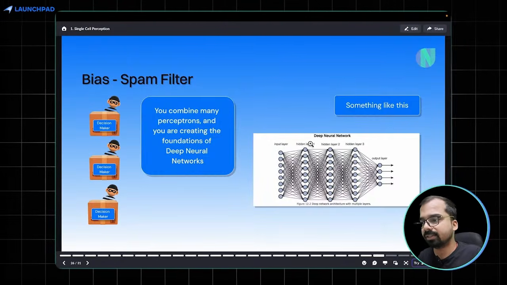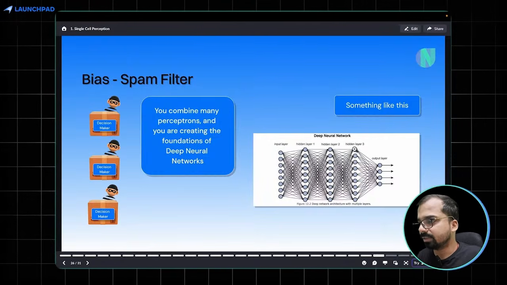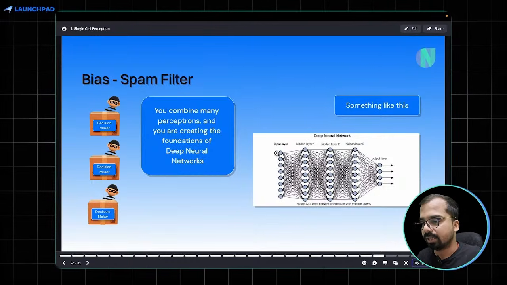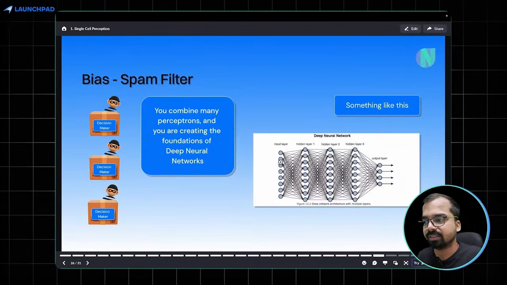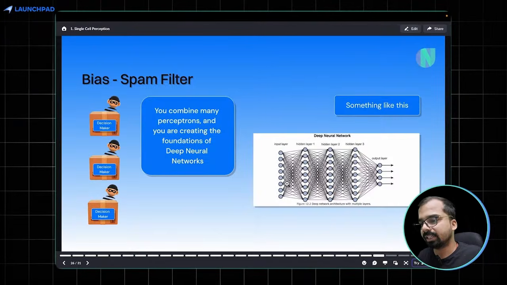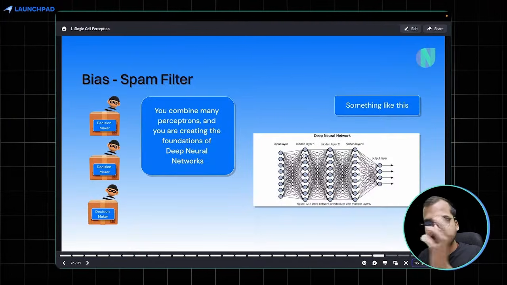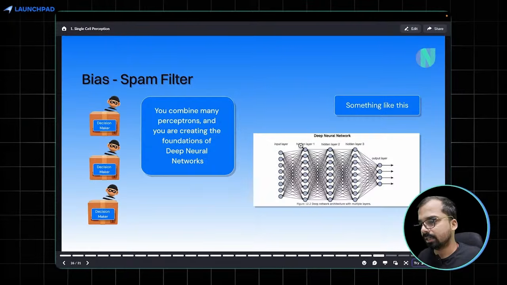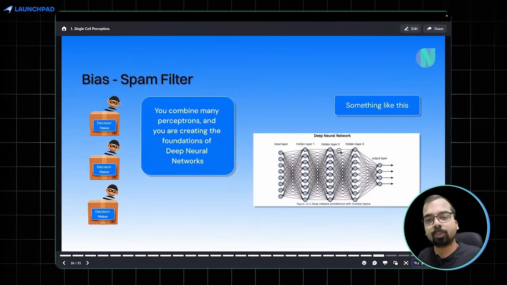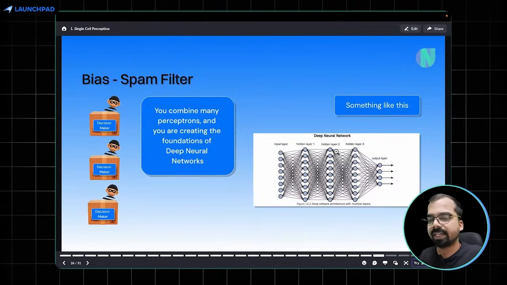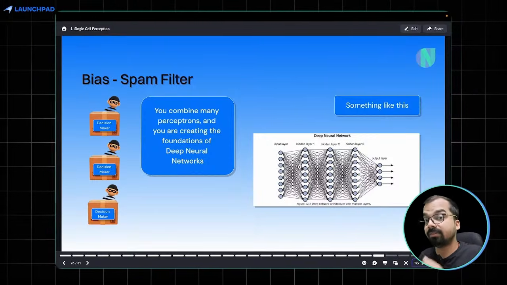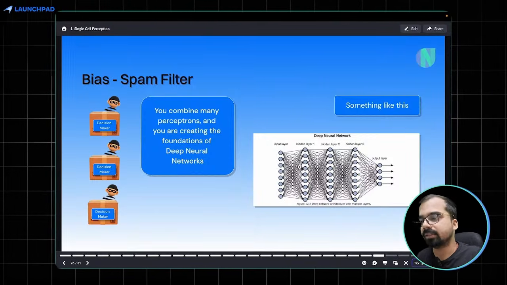We'll study layers in the next class. All of these vertical lines are called layers, and all of them are interconnected with each other, and they will take the input, do the operation, that weighted sum plus bias, and then they will pass the output to the next layer neurons, and in this way we can create complex decision boundaries.